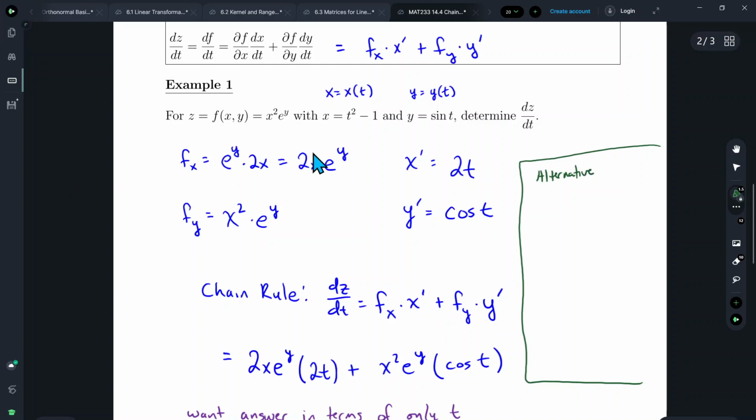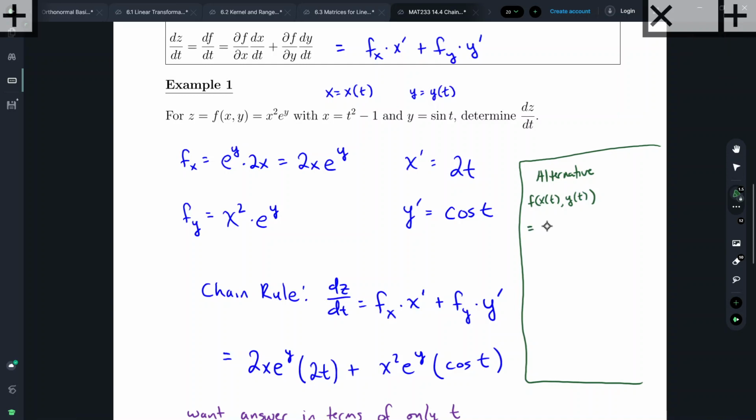What you do is you take x and y and just plug them into the original function first. Basically you write f of x of t, comma y of t. So do the substitution first. And if we do that here, what does it look like?